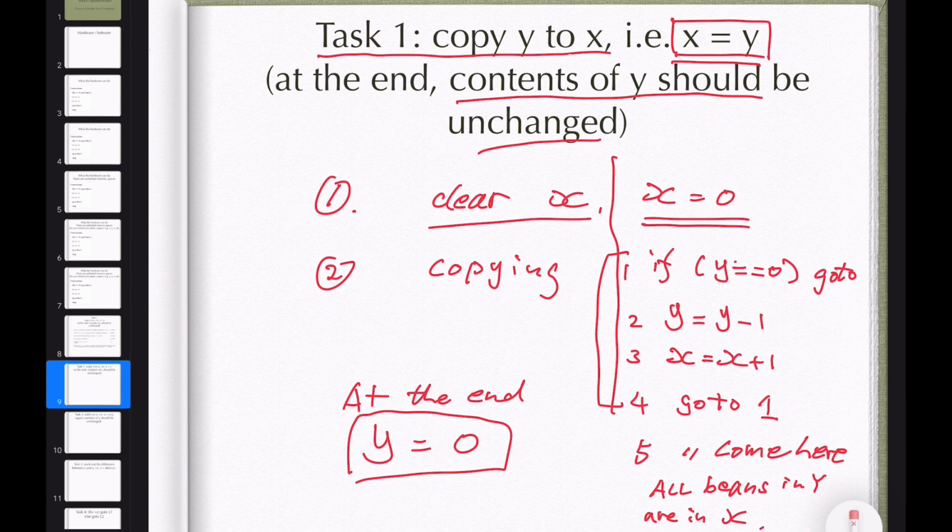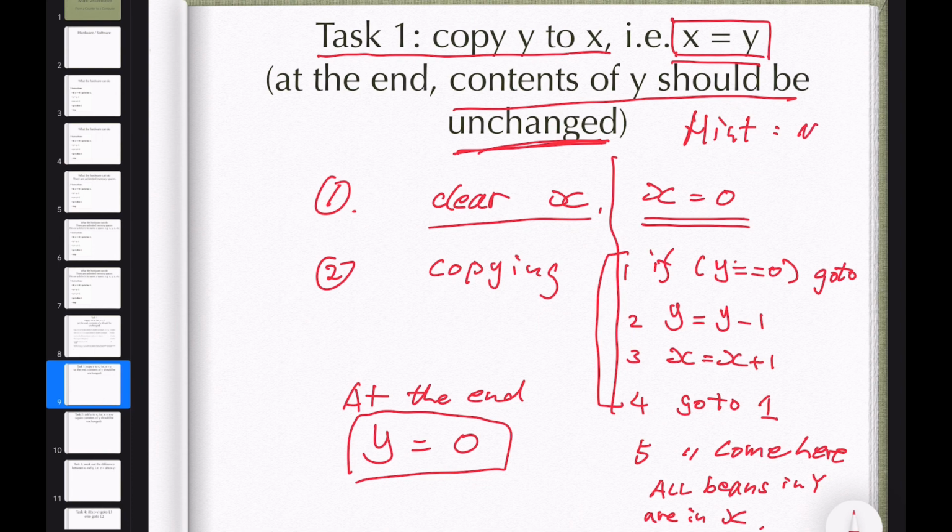We already said the contents of y should be unchanged here. So this is a challenge for you to do. You have to think of a way to create another copy. Basically, we need 2 copies of the y's. I gave you a hint.